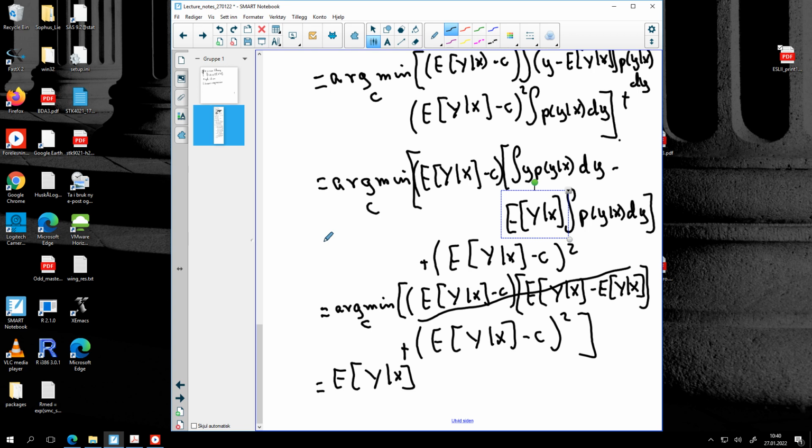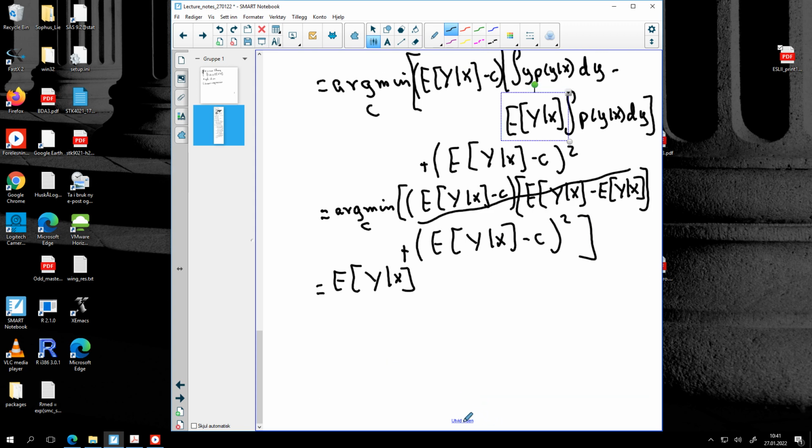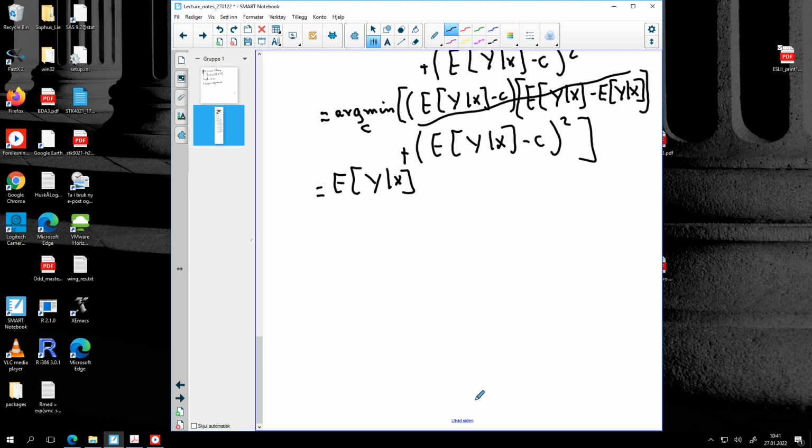So, this then is a bit lengthy mathematical derivation to show that what we actually have been doing so far, that we try to find this conditional expectation, is actually the optimal one. And how have we actually done this? Well, what we have done earlier, we have assumed that y is f of x plus epsilon, where the expectation of epsilon is equal to 0.